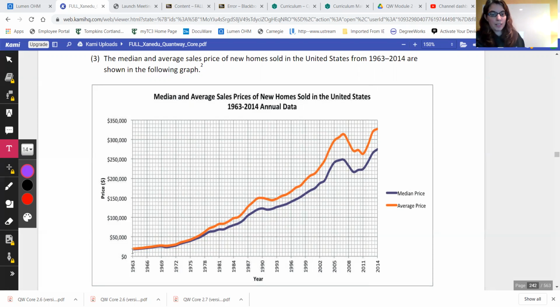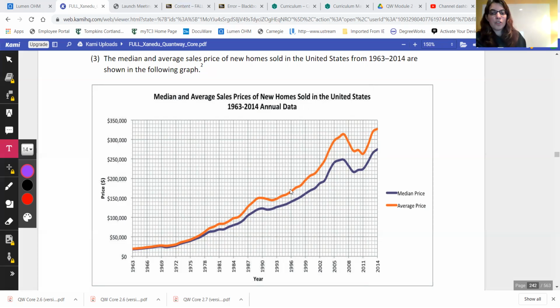So new home prices obviously have risen between 1963 and 2014. That's not a surprise. And so in 1963, they were maybe $20,000 roughly. In 2014, the average price was around $330,000. And the median price was, let's see, maybe $275,000, somewhere around there.